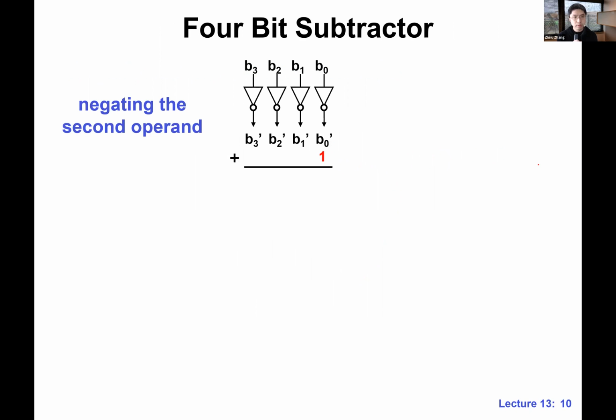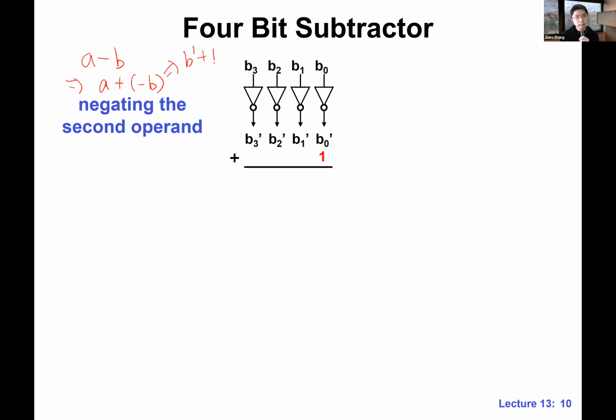Let's just do the same. We are doing a minus b now. Again, we are doing a minus b, so we're going to convert it to a plus minus b. And minus b is the same as b not, by which I mean we are inverting every single bit of b, plus 1. Okay.